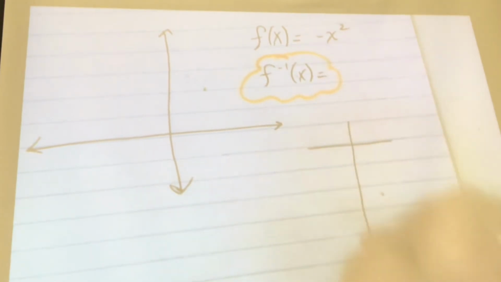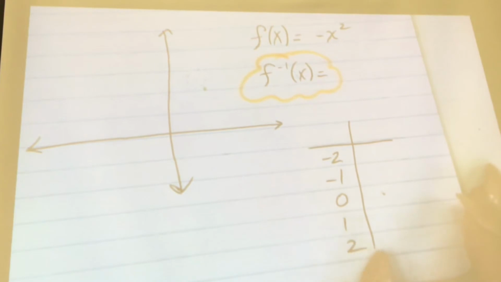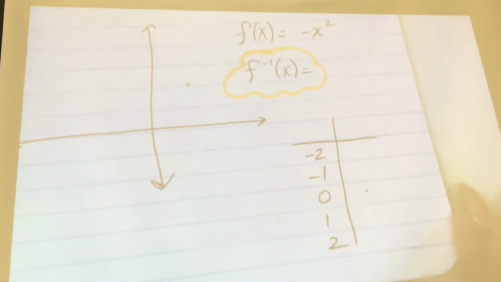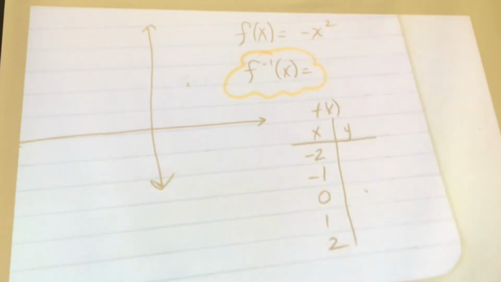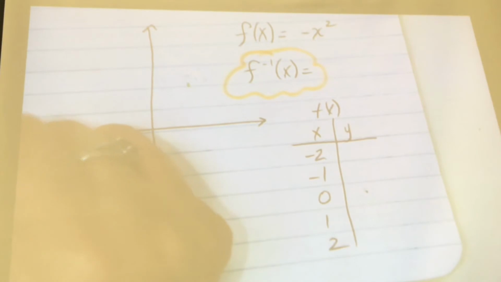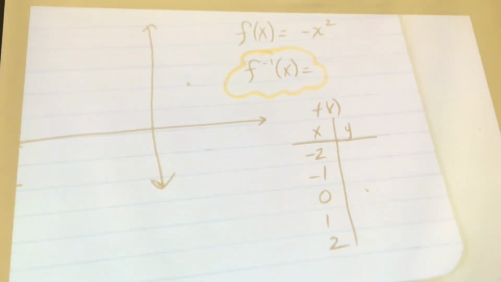So let's agree to use these Fab 5: negative 2, negative 1, 0, 1, and 2. And then this will be your f of x, and then we'll graph the inverse on this side.